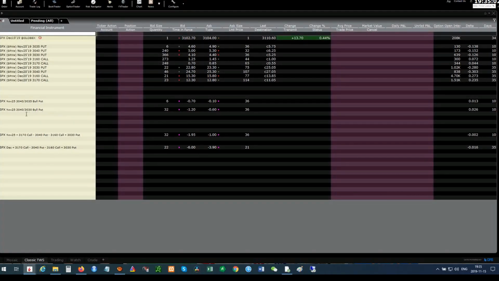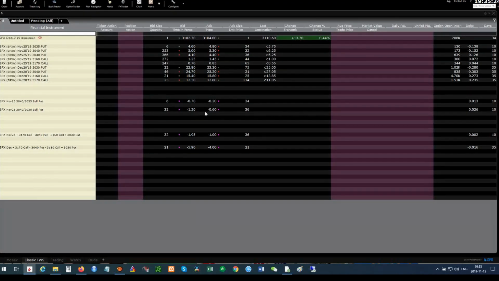There are 10 points between, so there will be $1,000 as a margin to open this trade. Look at the bid-ask spread here. It's also not much in absolute values, 60 cents, but percentage-wise the difference between bid and ask of this option is actually half, or 2 times if you take it from the other side.